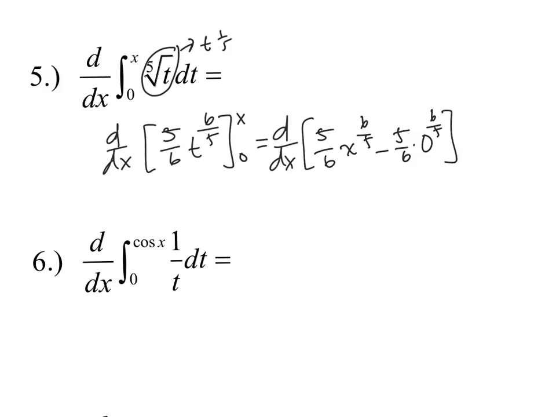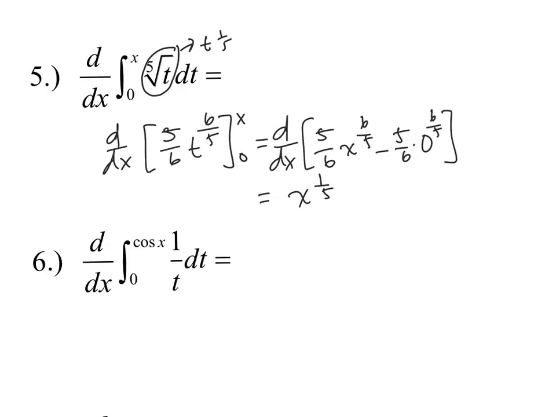All right, and now when we take the derivative of that expression term by term, remember we take this exponent, bring it around front, and multiply it by the coefficient. So 6/5 times 5/6 cancel each other, and we just get x. And then remember, you reduce the power by 1. 6/5 minus 1 is 1/5.